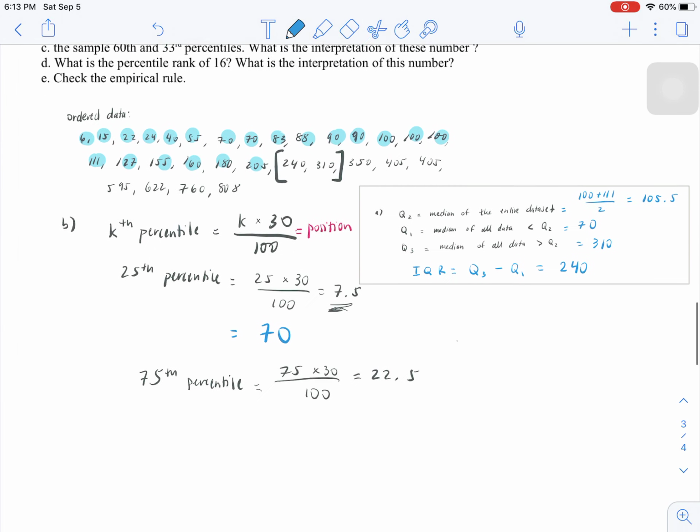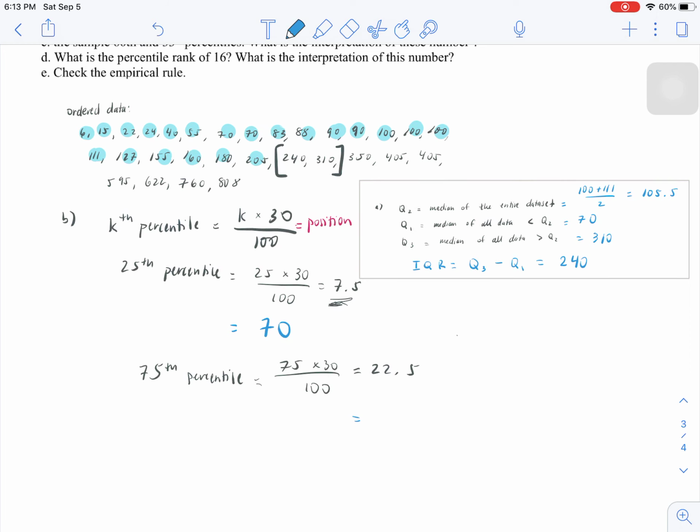So this is equal to halfway in between 240 and 310, which, if you calculate this, gives us an average of 275. So my 75th percentile is 275.